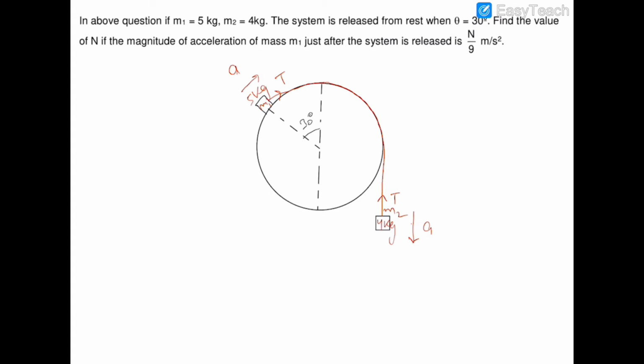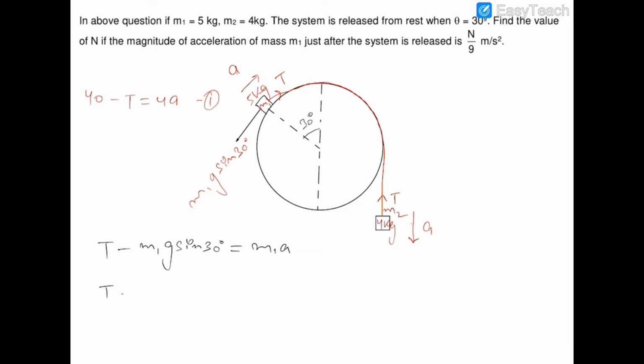Now I am writing the equation of the 4 kg block. So mg will be 40 minus T equals 4a, the first equation, and a force of m1g sine 30 will be acting in the tangential direction. So we can write the equation of m1 as T minus m1g sine 30 equals m1a.